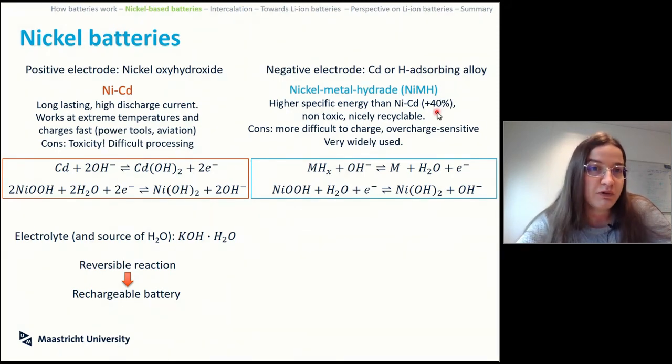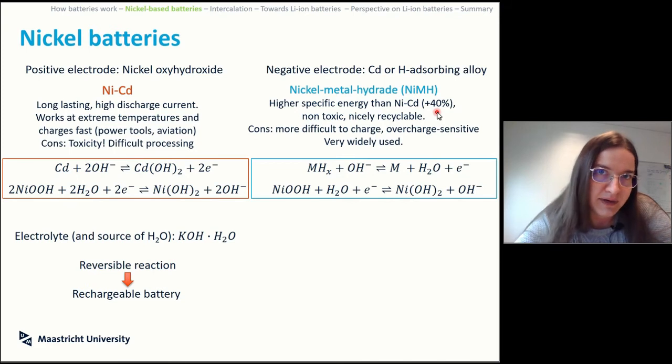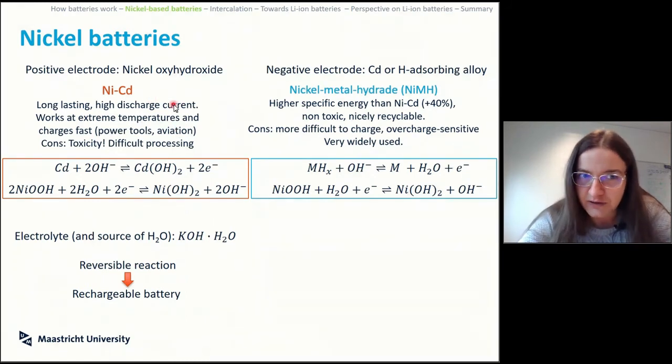The issue with the nickel batteries is that they can either be nickel oxide batteries or nickel cadmium batteries, or with a hydrogen absorbing alloy as your negative electrode. The choice between these two is very easily correlated with the fact that cadmium is toxic.